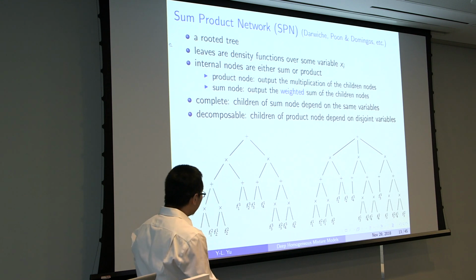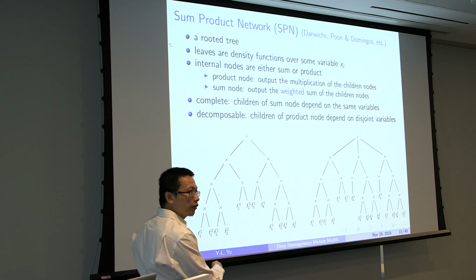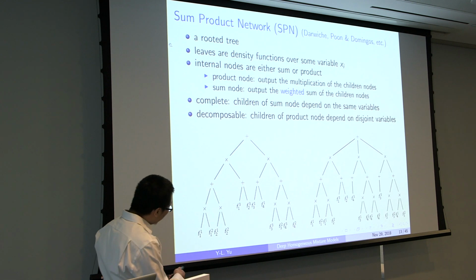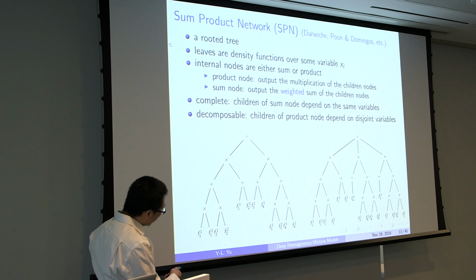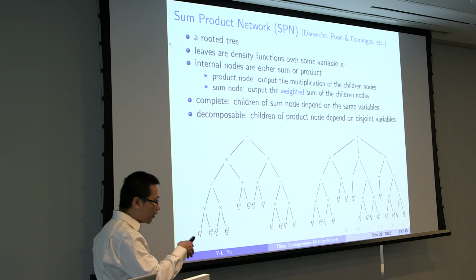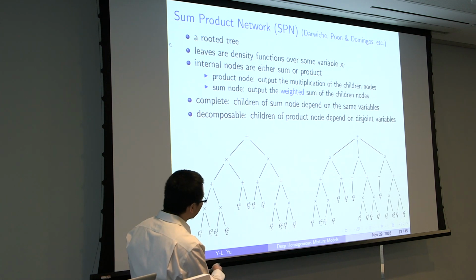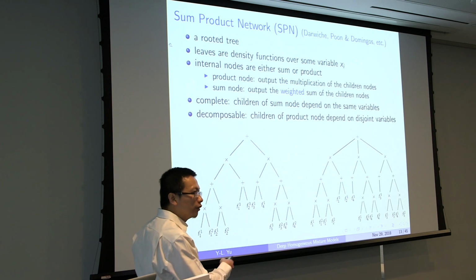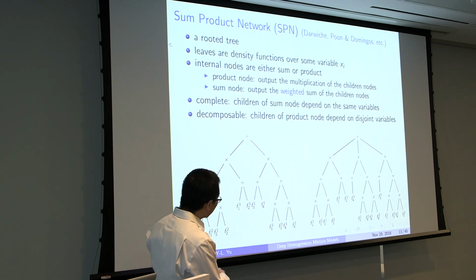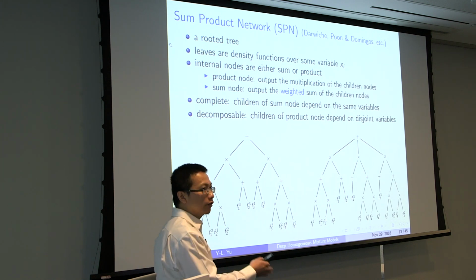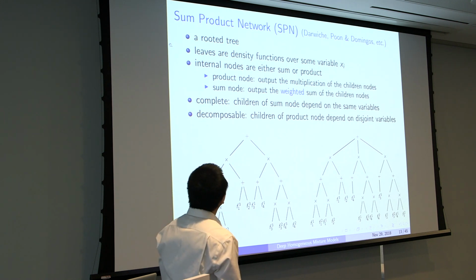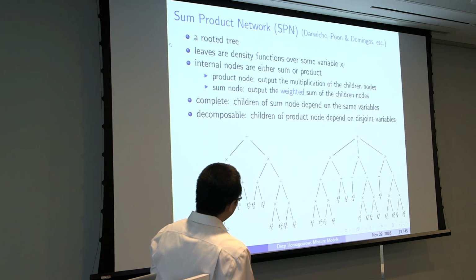Okay, in our case, these functions are density functions. So I'm using this double index here. The superscript means it's a function of x3 here. Different superscripts mean it's a function of a different variable. The subscript means it's a different function of the same variable. And so the leaves are functions.